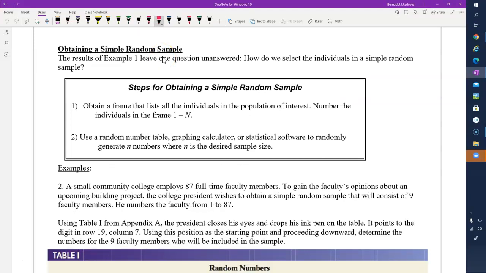The first one: obtain a frame that lists all individuals in the population of interest. Here the frame is our population, so we first need our population, and based on that we number the individuals in that frame, from 1 to n. So this n is our population size.